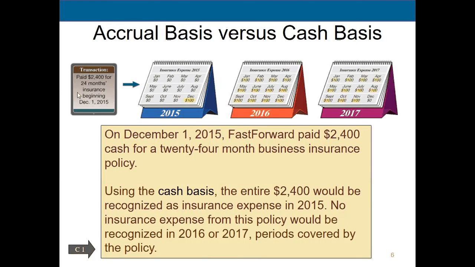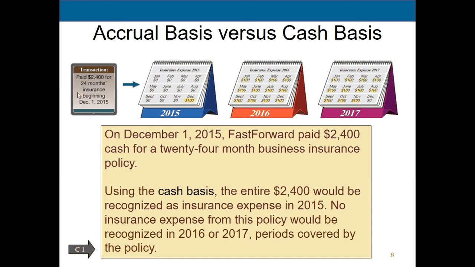So again, talking just a little bit more about this accrual basis versus cash. Here's an example. On December 1, Fast Forward pays $2,400 cash for a 24-month business insurance policy. Okay, it's the same kind of example as my rent, right? Using the cash basis, the entire $2,400 would be recognized as an insurance expense in 2015.